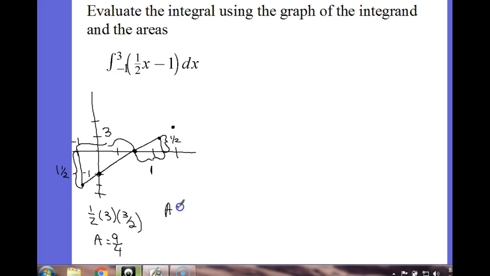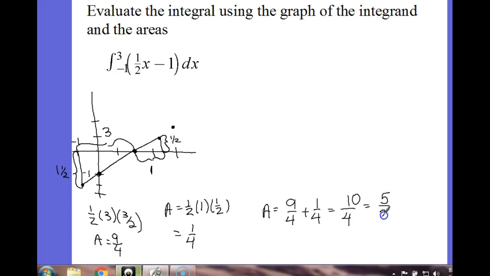So the area of the second triangle is 1/2 base times height. So the second area is 1/4. So the area of both triangles is 9/4 plus 1/4, which is 10/4 or 5/2, or 2.5.